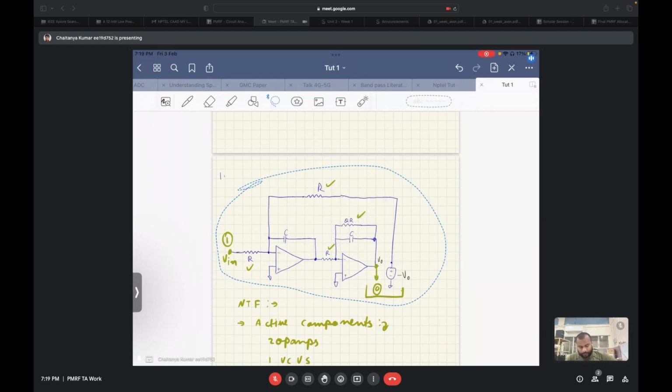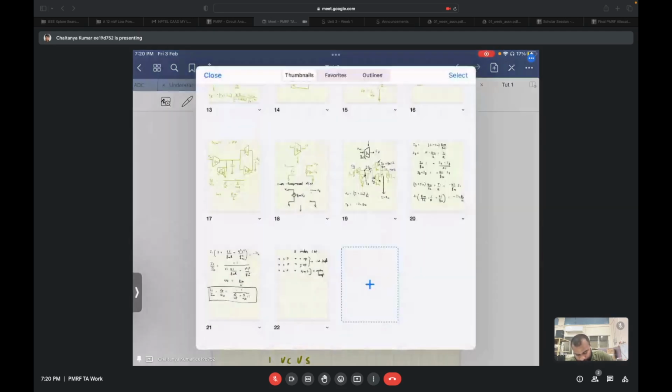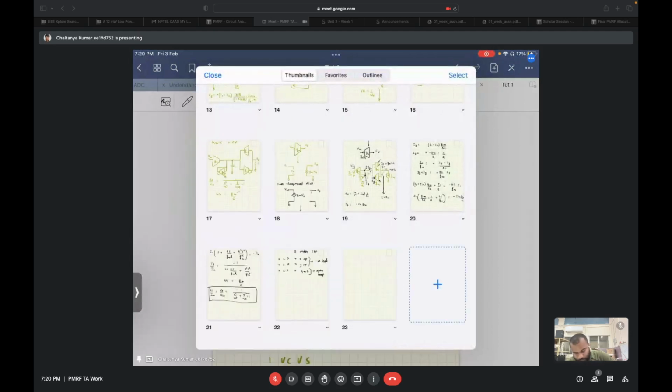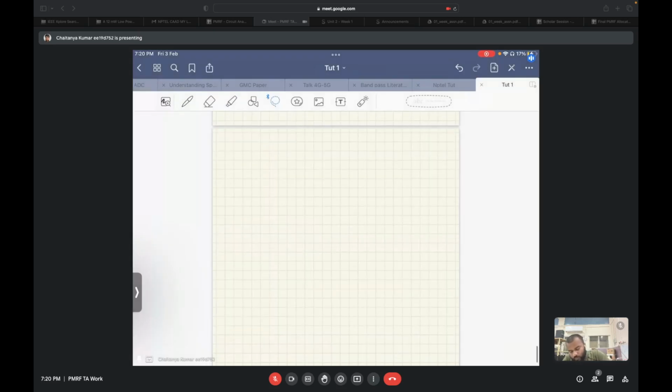Let's see if we can reduce one op amp from this. What we are going to see now is a second order low pass filter with only one op amp.